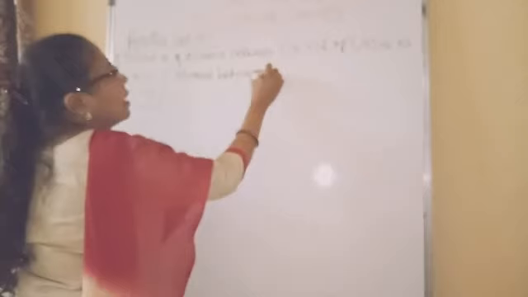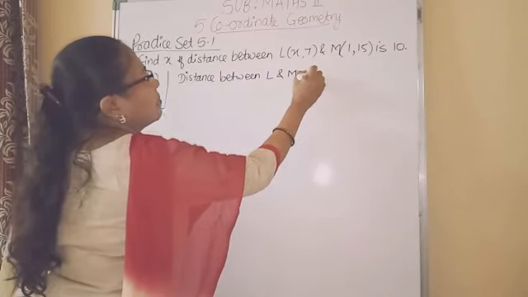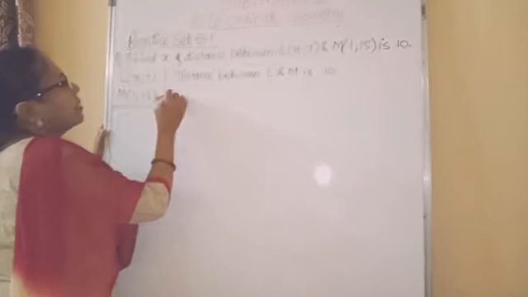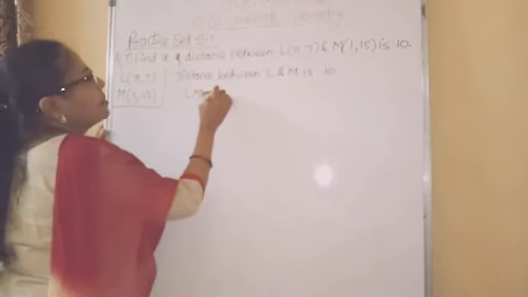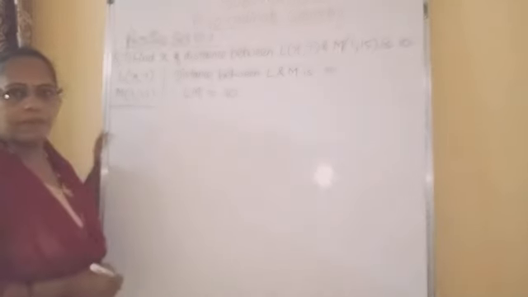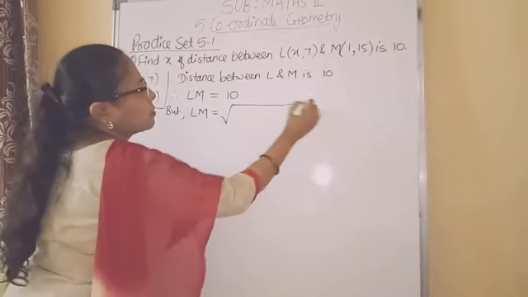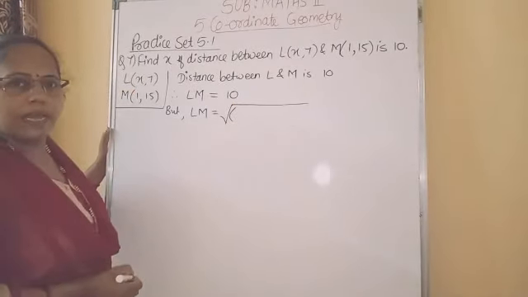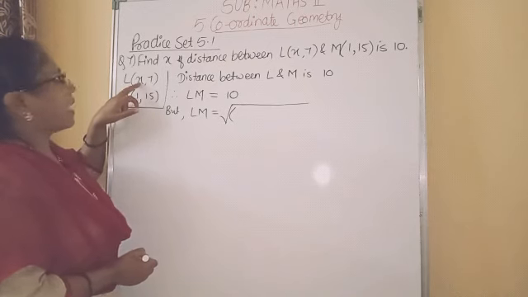Now here, the distance between L and M is given as 10. That means LM is equal to 10. But LM is equal to, by using the distance formula, square root of (x2 minus x1) square.